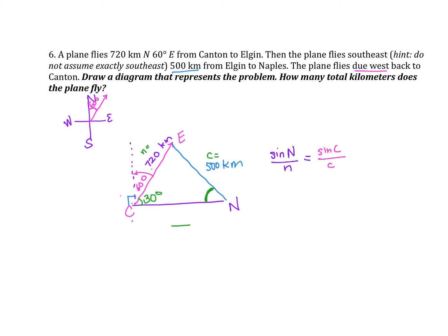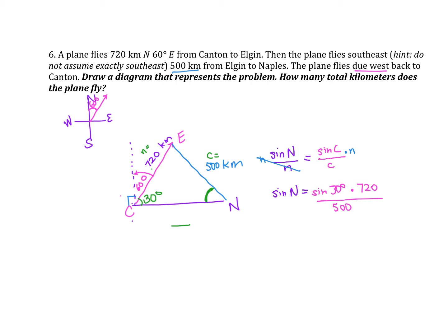So we're going to multiply N to both sides here. So sine N is sine of C. C is 30 degrees. And then multiply by N. That measurement is 720 kilometers. Then side C is 500 kilometers.